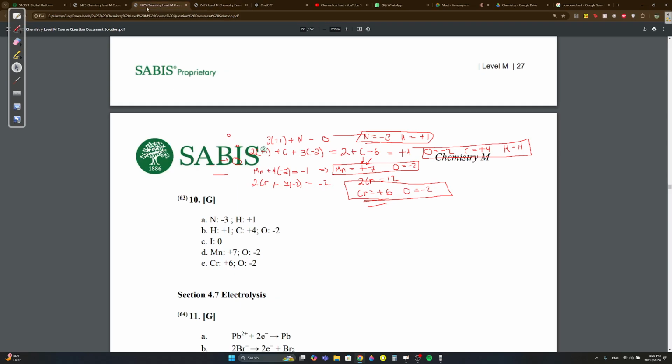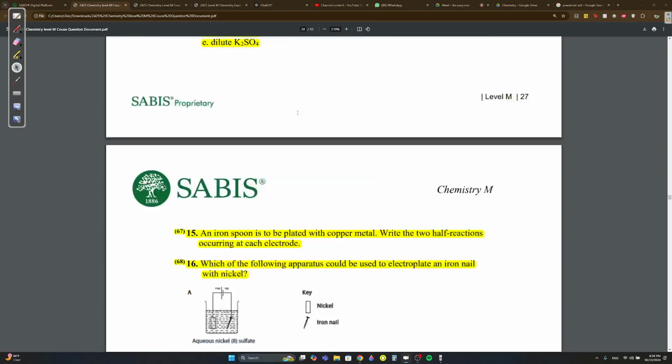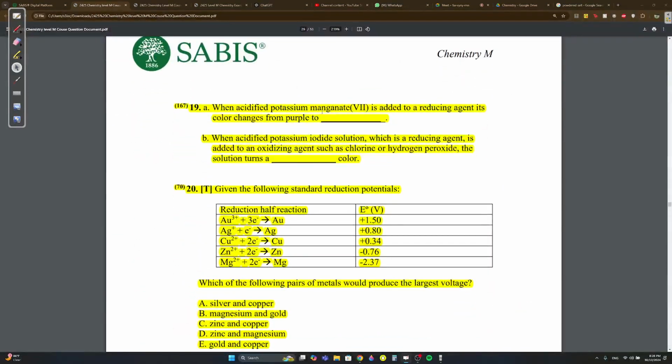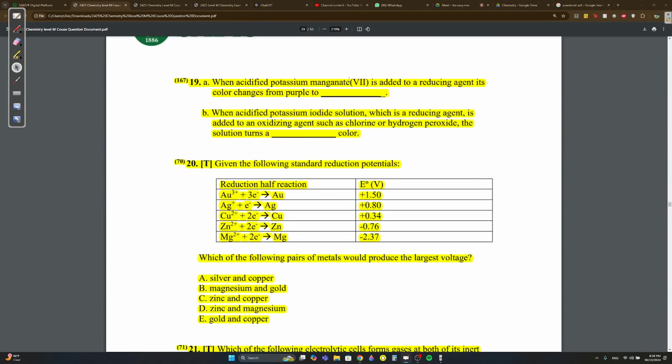Question 19 and 20. Let's take a look. Question 19. When acidified potassium manganate is added to a reducing agent, its color turns from purple to what? Colorless. This is very important.